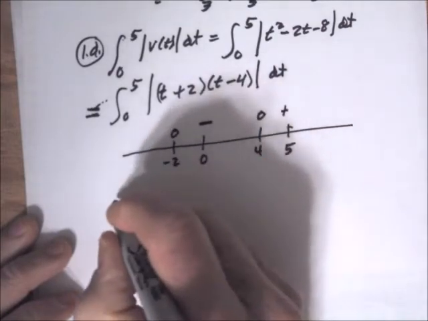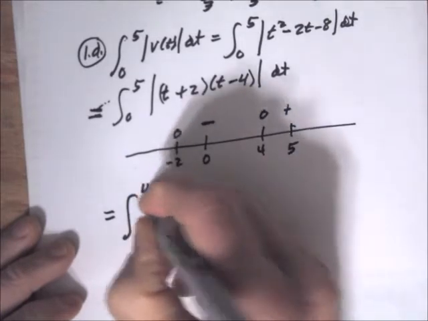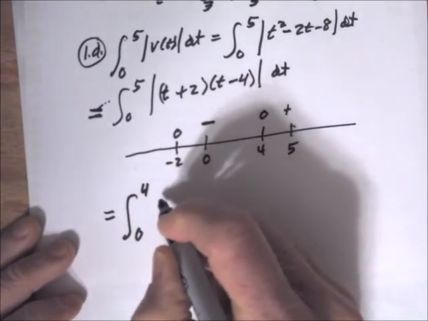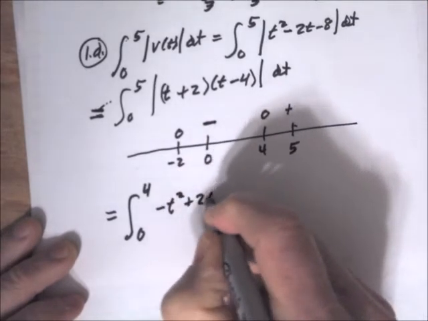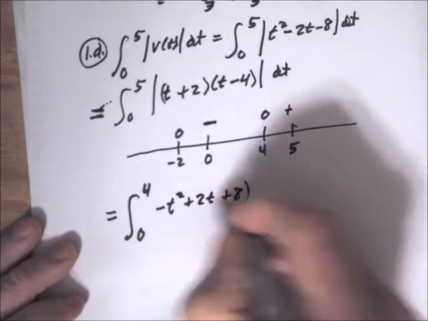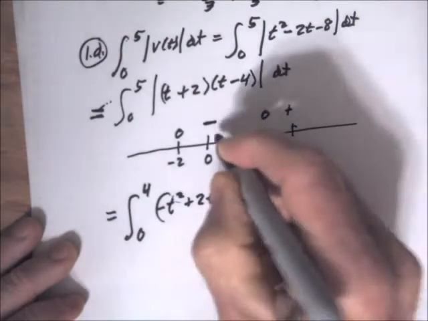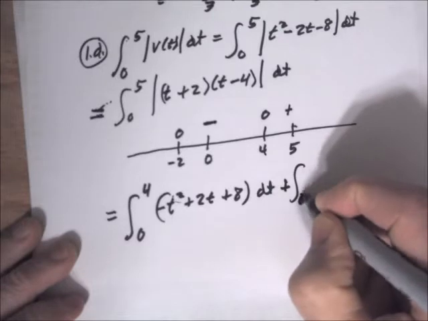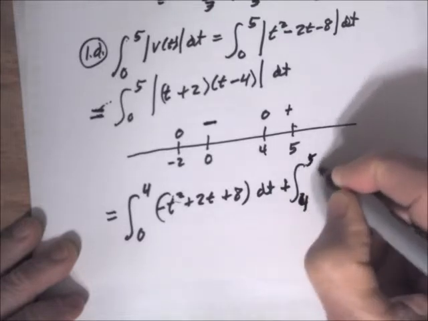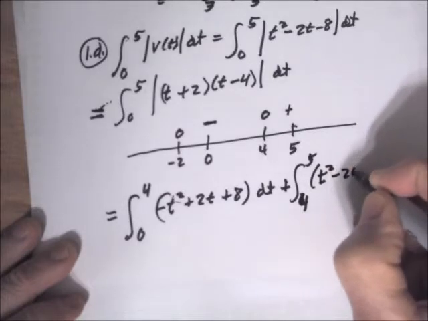So this is going to equal the integral from 0 to 4 of minus t squared plus 2t plus 8, taking that with the opposite sign so we get something positive, and then from 4 to 5 with the original sign.